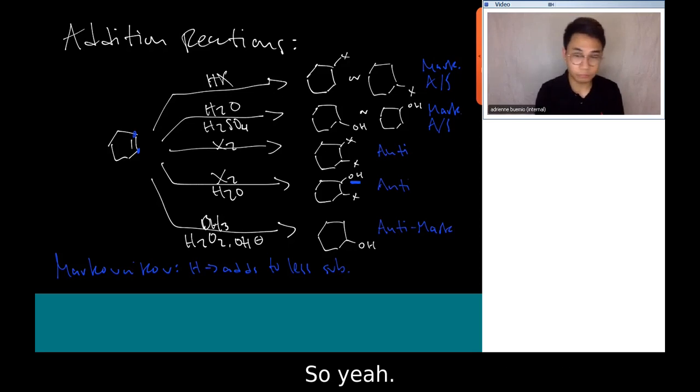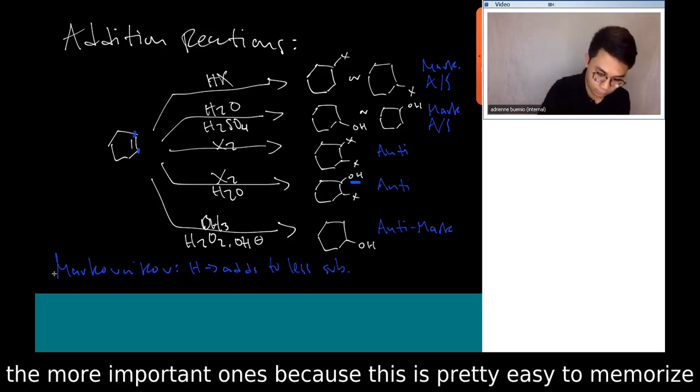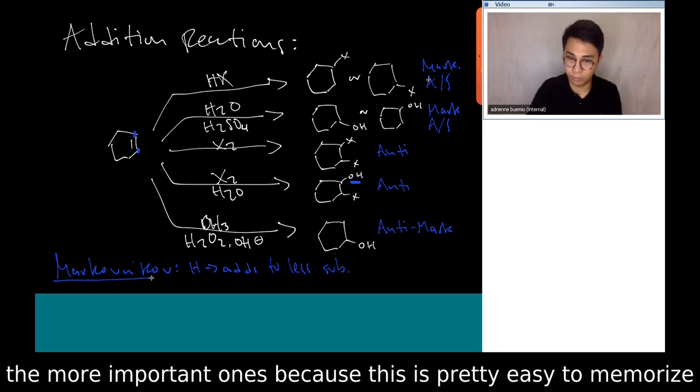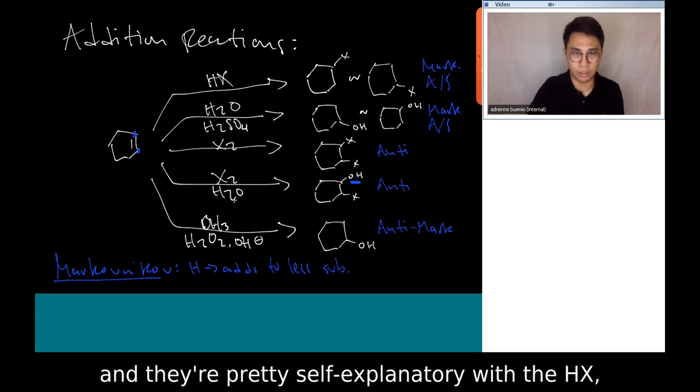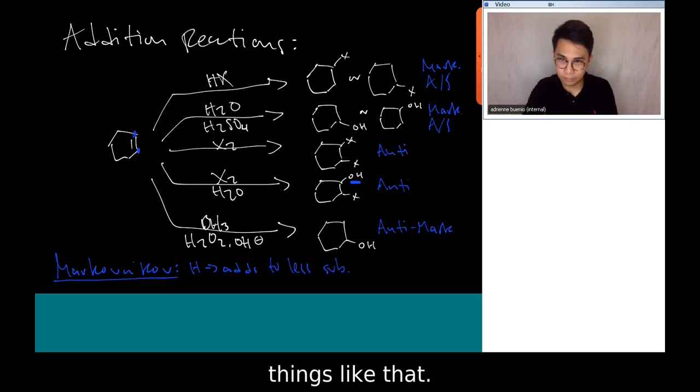So yeah, that's that. The ones in blue are probably the more important ones, because this is pretty easy to memorize and they're pretty self-explanatory with the HX, a hydrogen and a halogen, right? H2O, OH, X2, two halogens, things like that.